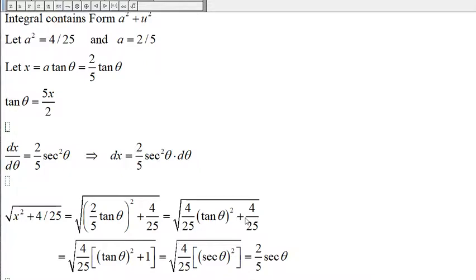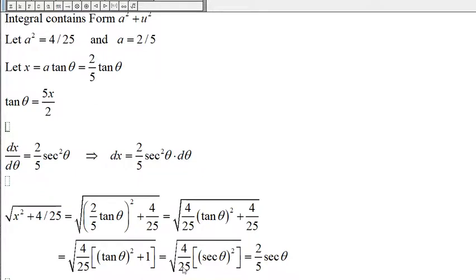The common factor is 4 over 25, and then times tangent squared plus 1. But tangent squared plus 1, from trigonometric identities, is secant squared.